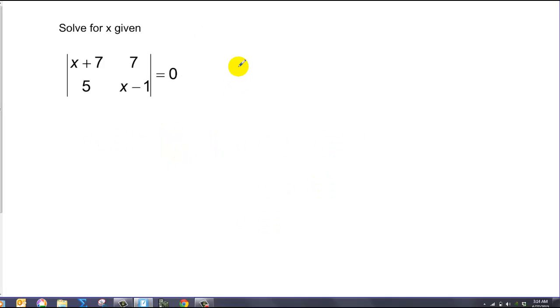We can also use some algebra within a determinant. So in this case, I'll do my determinant calculation. I've got this diagonal multiplication here of x plus 7 times x minus 1.